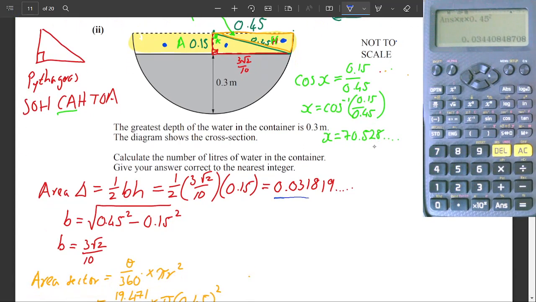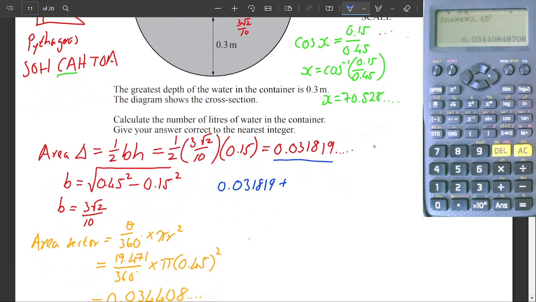So that was area of the triangle 0.031819 plus the area of the sector 0.034408, and then times it by 2.